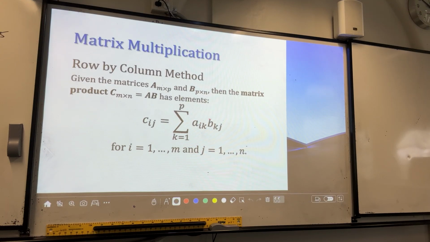Or first row, second column, whatever row it is. So for i is 1 to m and j is 1 to n. Looks complicated, but it's actually quite straightforward when I show you step by step. This is just a warm-up, just for you to know that this is the notation we could use.